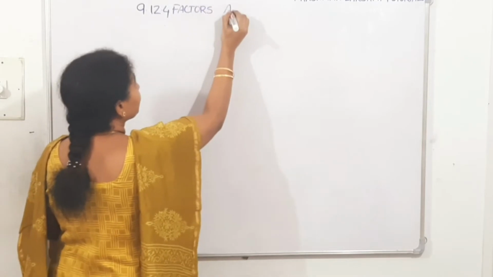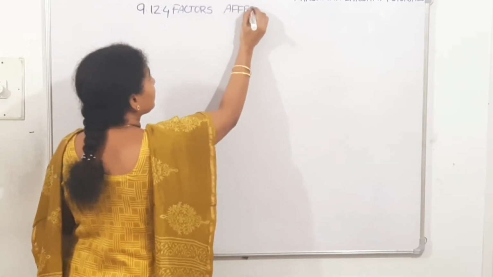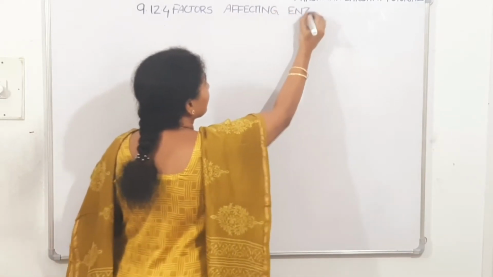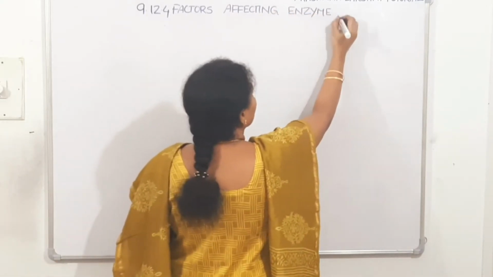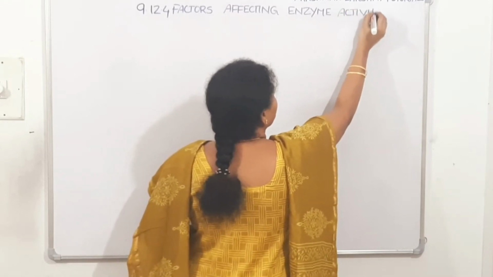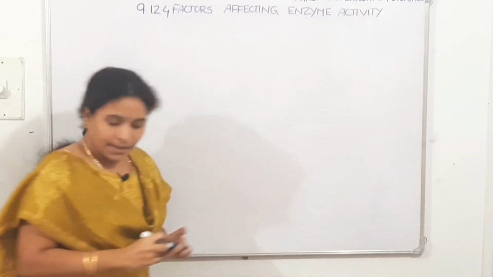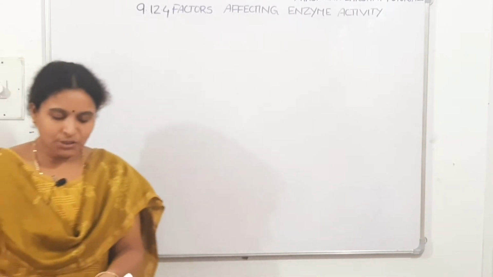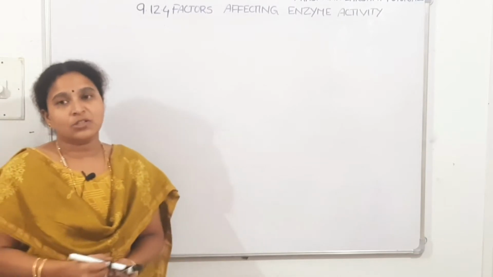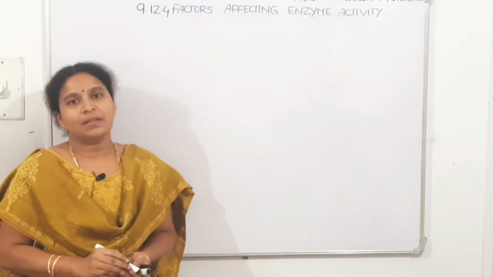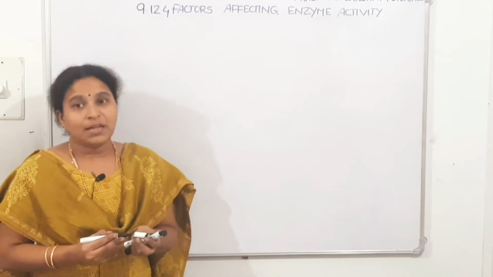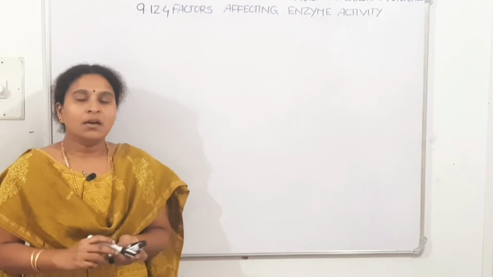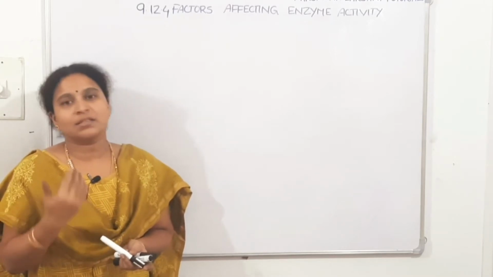Now, enzymes are proteinaceous substances, and these proteinaceous substances are active in their tertiary conformations. They have to be in their tertiary conformations to show their maximum activity. So then, what are the factors which can influence the enzymatic activity?